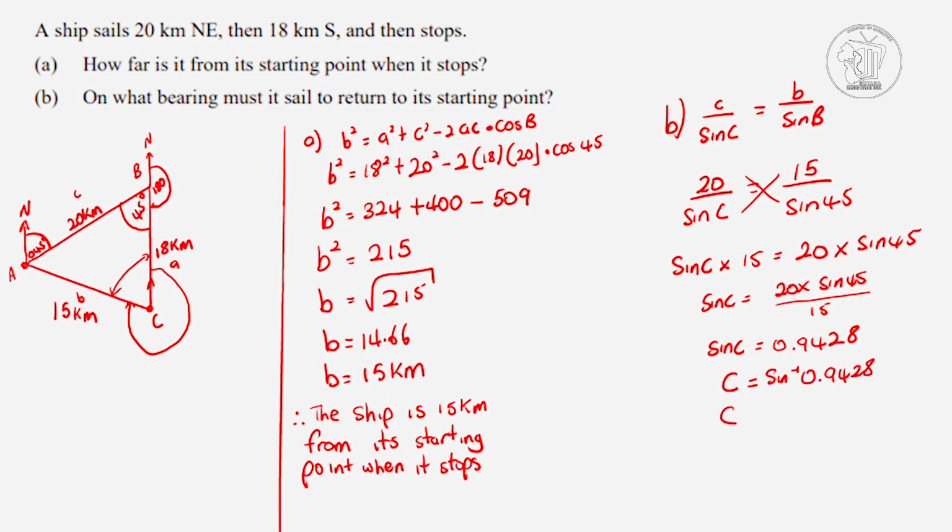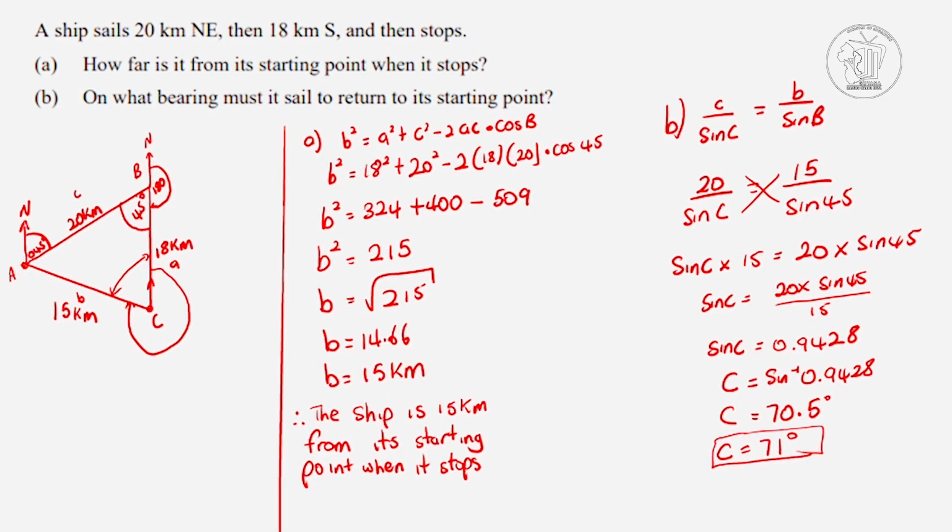We use the second function, sine, which gives us sine inverse of 0.9428. We get C is equal to 70.5 degrees. We can round this off and say C is equal to 71 degrees.